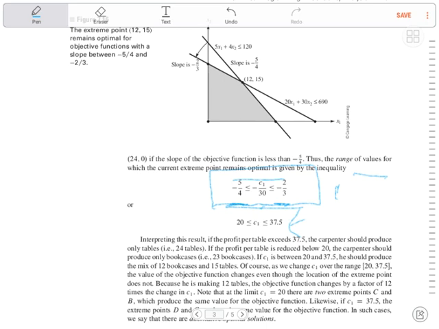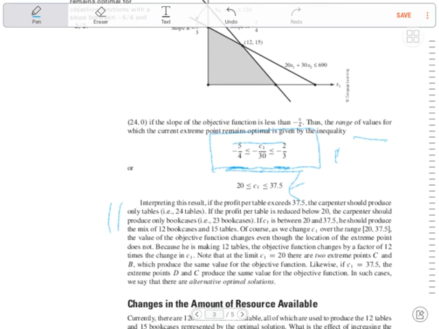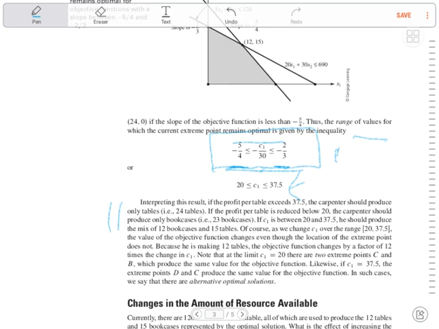So how can we interpret the result? That means I am trying to interpret the result in terms of the physical problem. So what is the problem here? The problem is for the carpenter to maximize his profit. As I am now changing the profit per table, obviously the profit which he was making initially, $750, is not going to come here, it is definitely going to change.